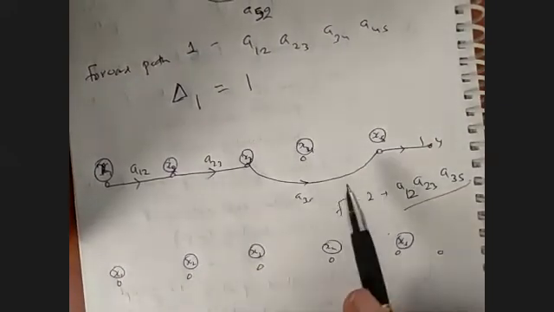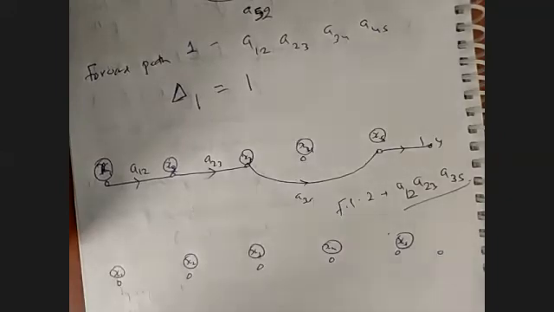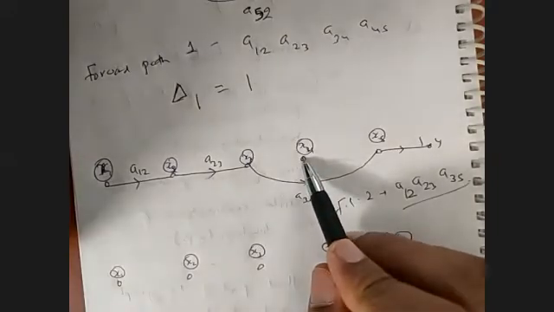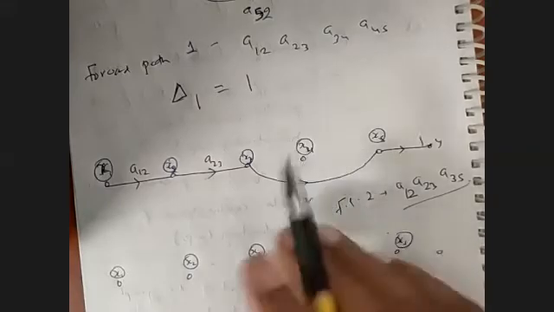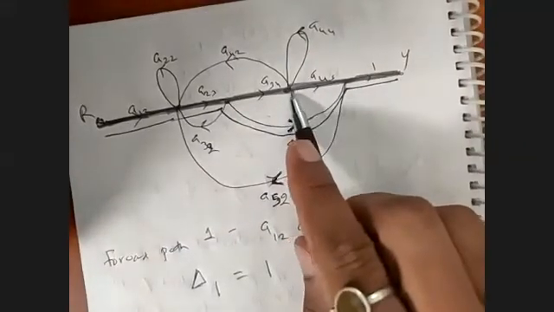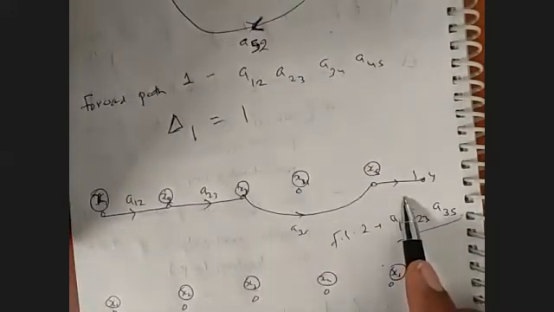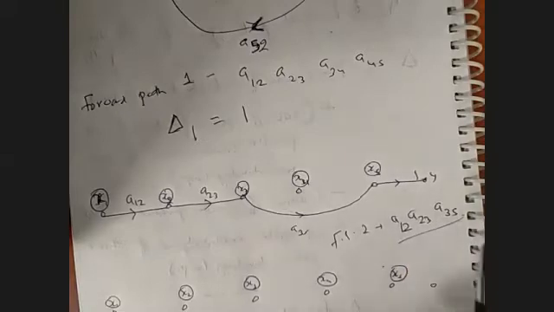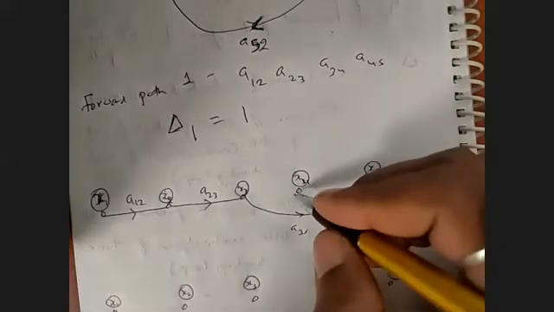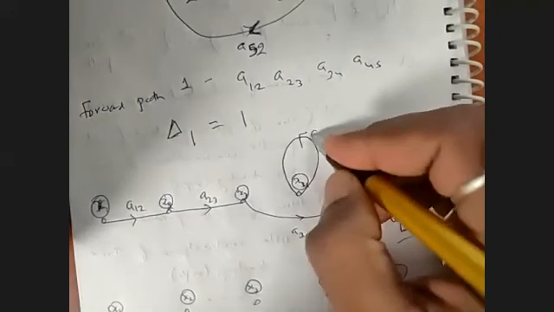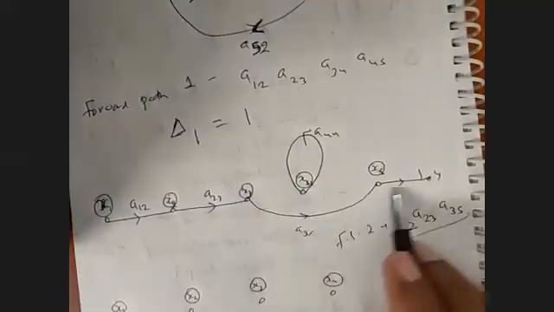Now we have to find out if there is any part of the graph which is not counted in this forward path. We have this x4 node which is not part of this forward path. So we have to find out if there is any loop present in the system which is not part of this path.